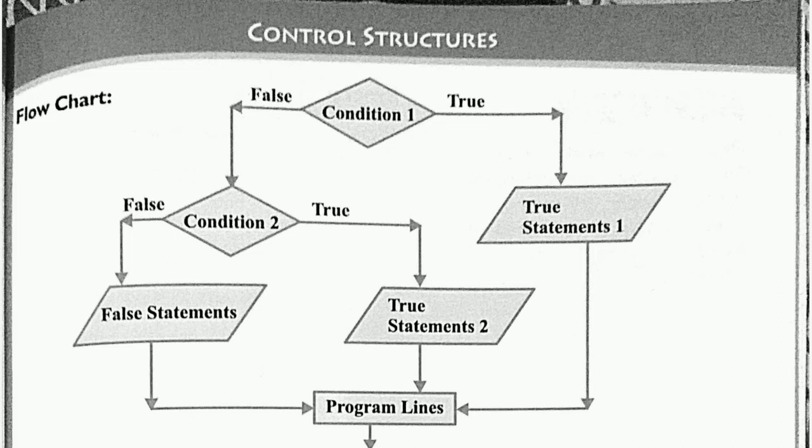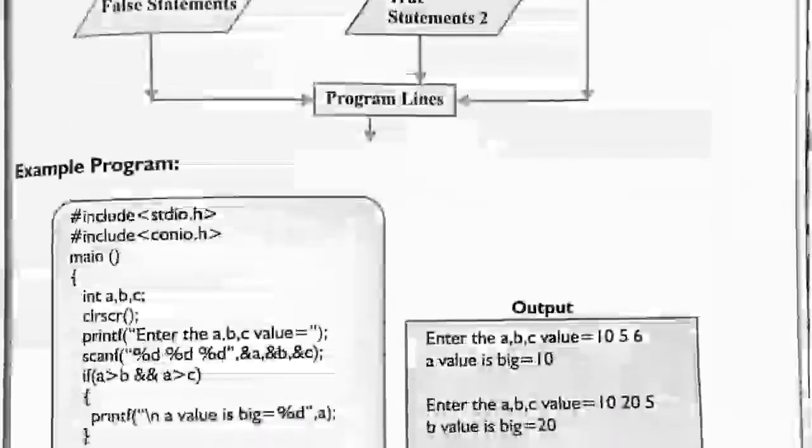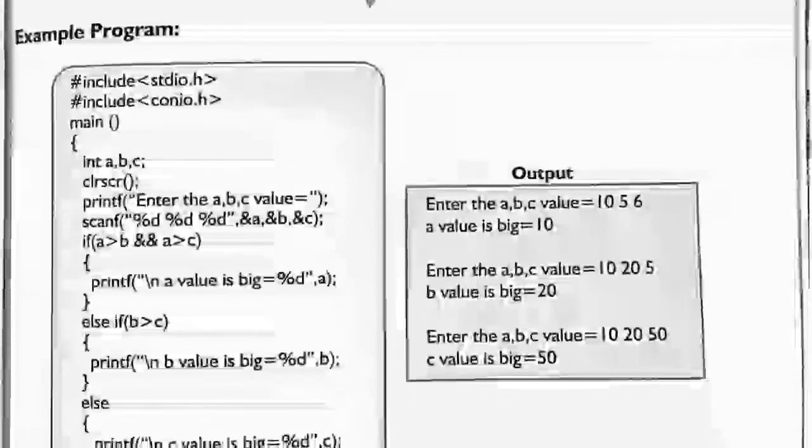So three possible outputs can be managed by using this if else if ladder. Next is the same program here, but in a different way.